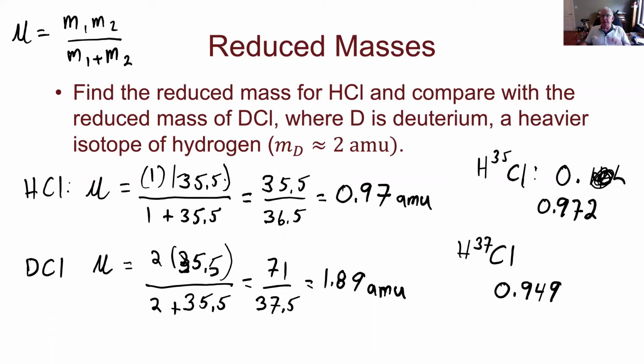In that case, note that not much happened, right? My reduced mass stayed very close to the same. That's because, again, the center of mass is pretty much the chlorine and the hydrogen is doing all the moving, and changing the chlorine isotope doesn't have very much effect on that. So changing H to D has a big effect because that's actually doubling the mass, whereas changing 35 to 37 is only changing it by a few percent.